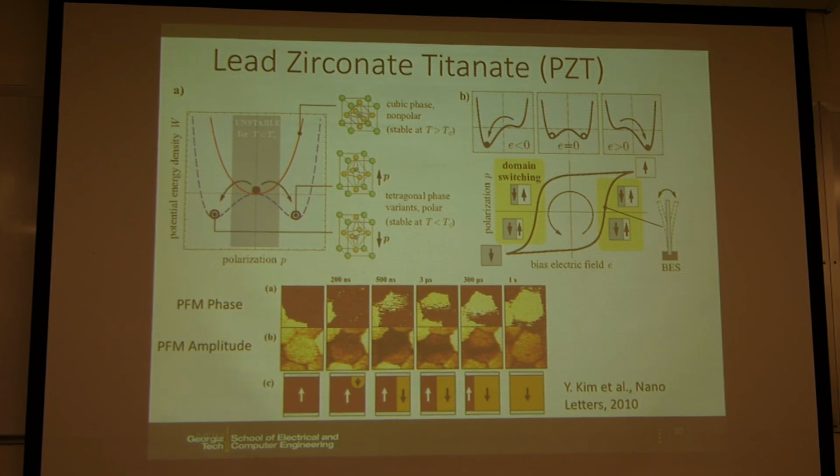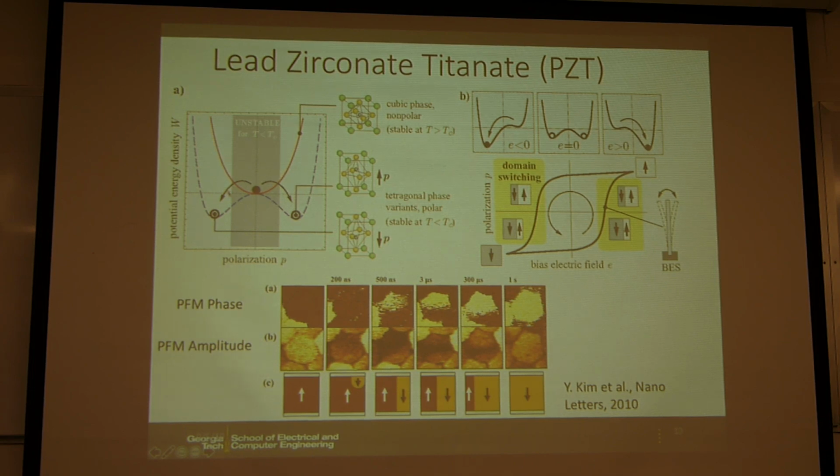Now I'm introducing one of the important ferroelectric materials called PZT. Above the Curie temperature, PZT is in this cubic nonpolar phase. You have this parabolic energy landscape with a global minimum here, so this is stable. If you go below the Curie temperature, the energy landscape is a double-well energy landscape.